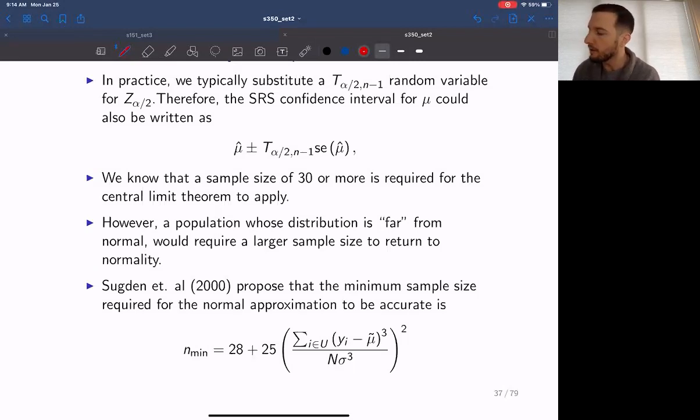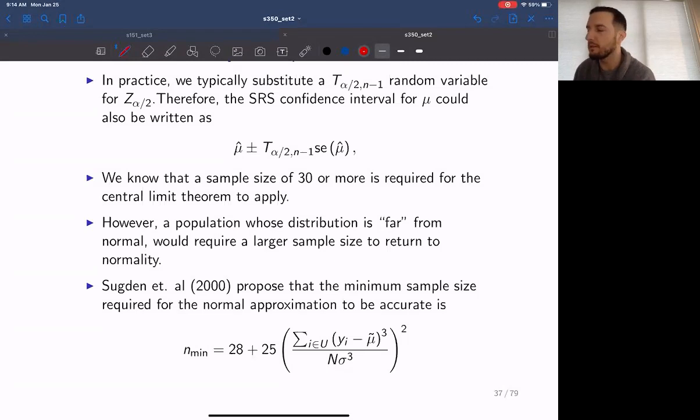So in 2000, Sujin et al. proposed the following calculation to determine how many observations might be needed in order for the sampling distribution of the mean that you are interested in estimating to return to normality. And that equation is given at the end of slide 37.